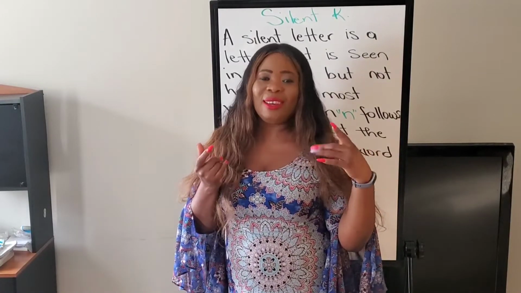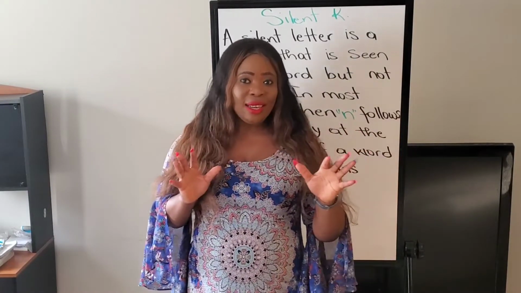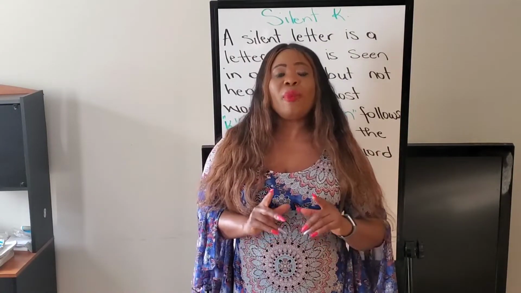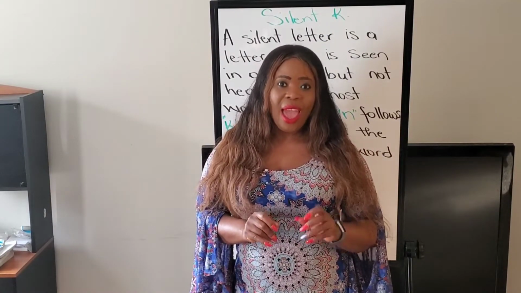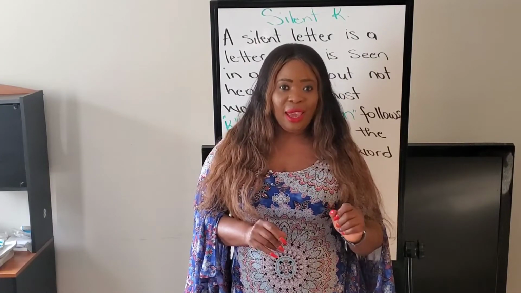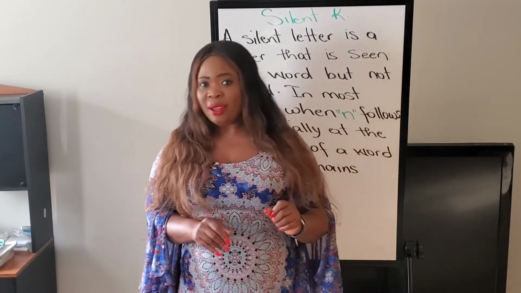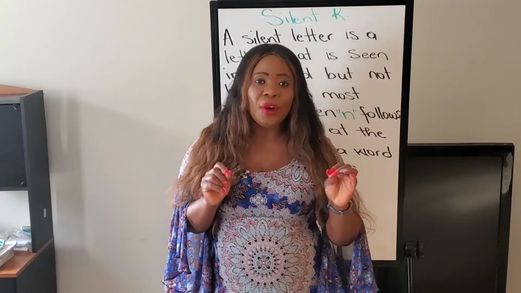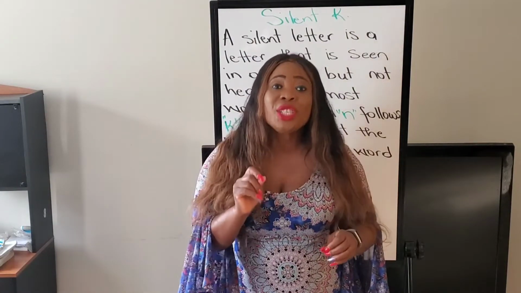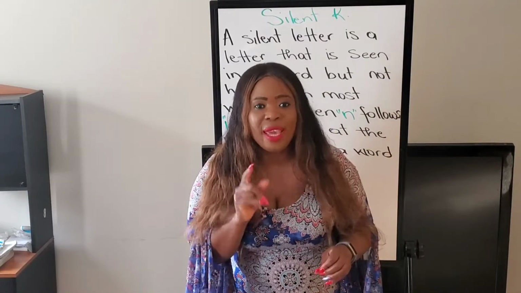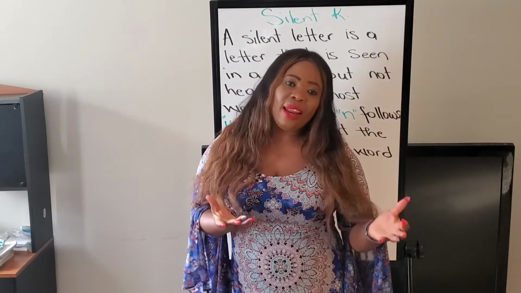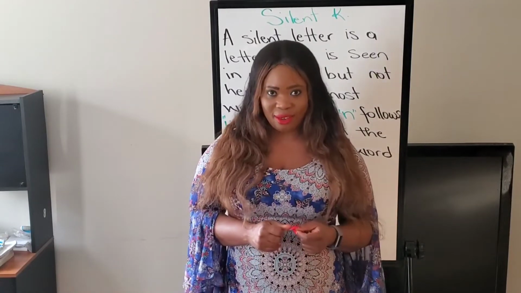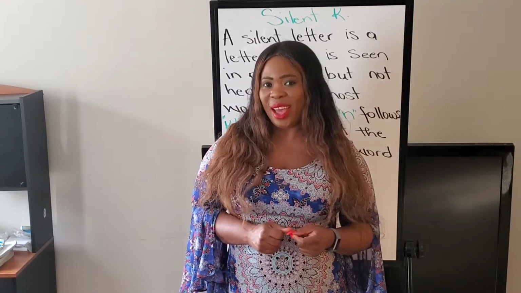How about that? Good. So silent letter is a letter that is seen in a word but not heard. And since we are looking at K, when N follows K, especially at the beginning of a word, then letter K remains silent. Good. I know you got that.